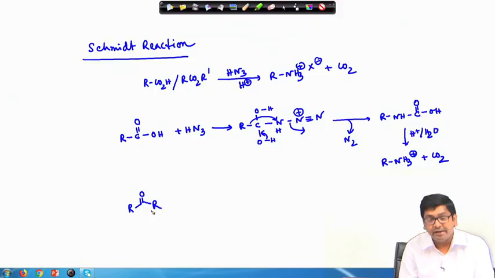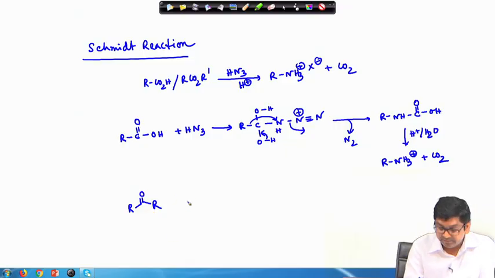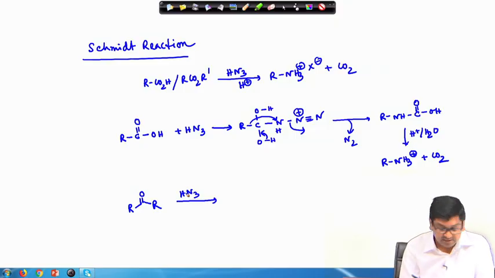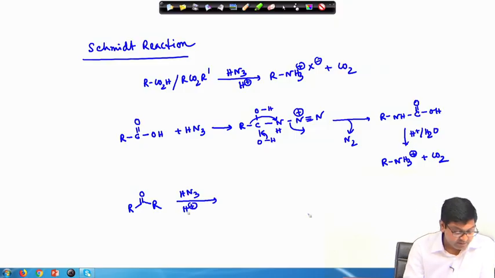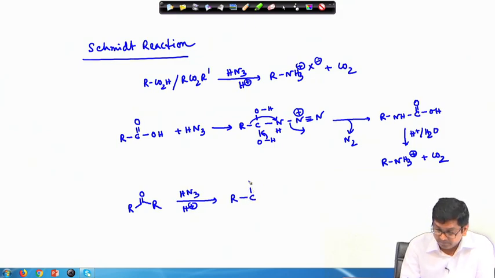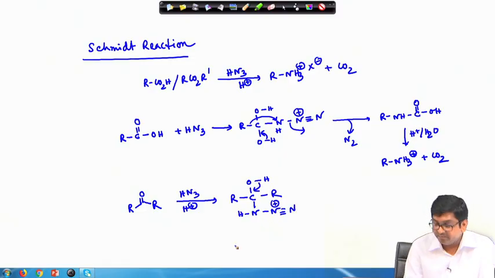For example, if you take this ketone as a starting material in place of carboxylic acid, then in the presence of this hydrazoic acid under acidic medium, this will generate this intermediate, and once it generates, this is now ready for this 1,2-migration.